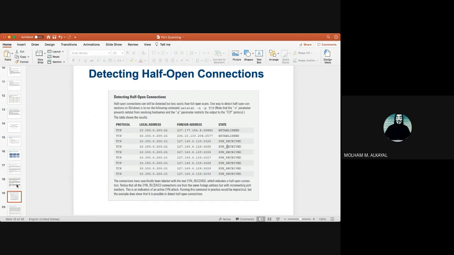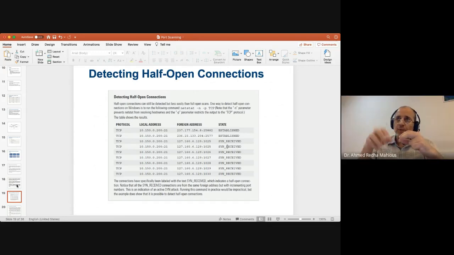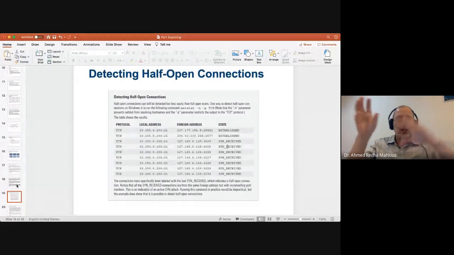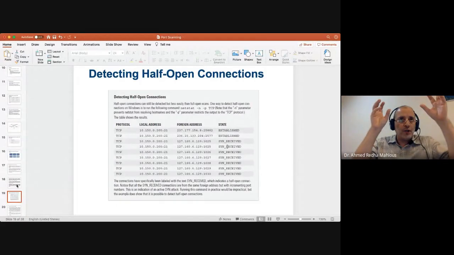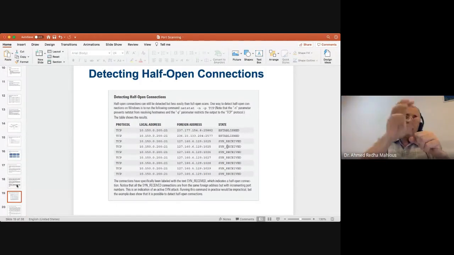You play with the flags, because each type of packet will have a corresponding reply. If the port is open, you will receive this type of packet; if it is closed, you will receive that type. Based on the response from the target, you can conclude whether the port is open, closed, or filtered.